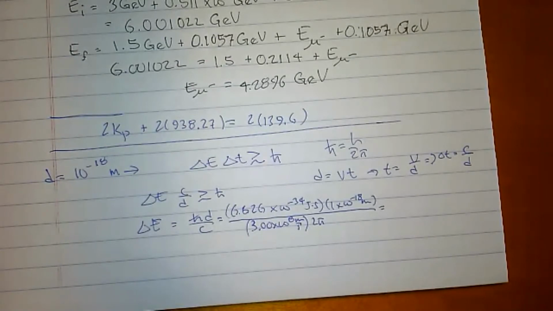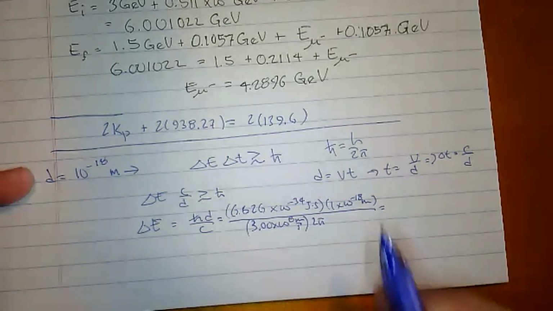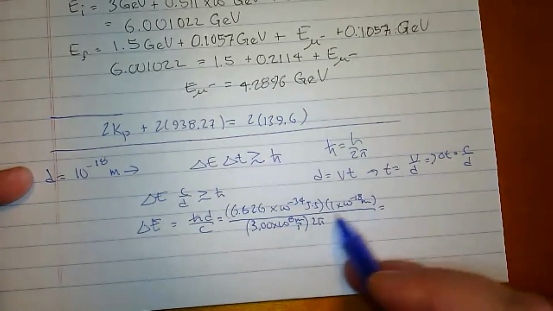So 6.626 e to the negative 34 times 1 e to the negative 18 divided by, I'll use my parentheses, 3 e to the 8th times 2 times 3.14159. Oh, okay, that gives me 300. Well, that can't be it. 6.626, 10 to the 18th.